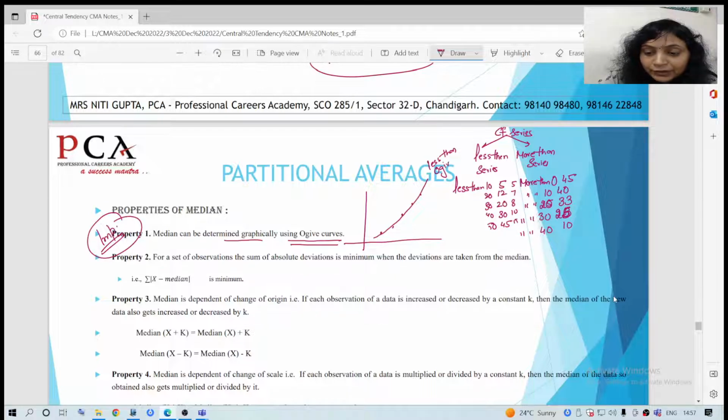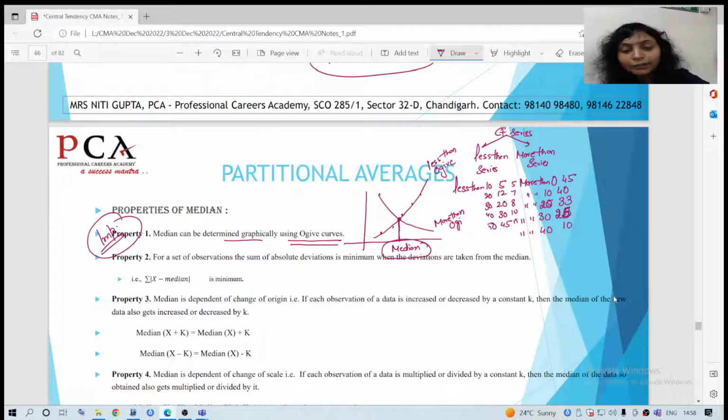The more than ogive is in descending order, so it starts from 45 and goes downstairs. The point where the less than and more than ogives intersect is your median point. So median can be determined graphically with the help of ogive curves. This is your first property.